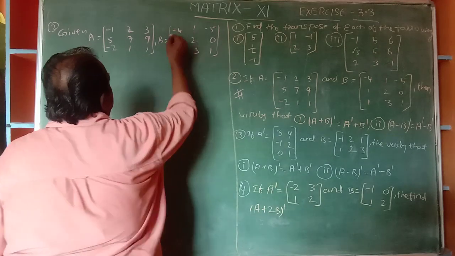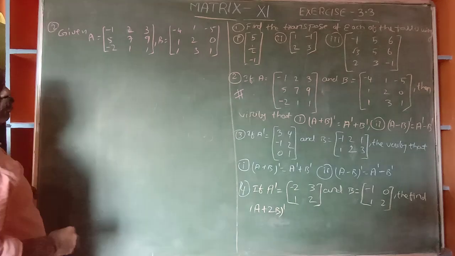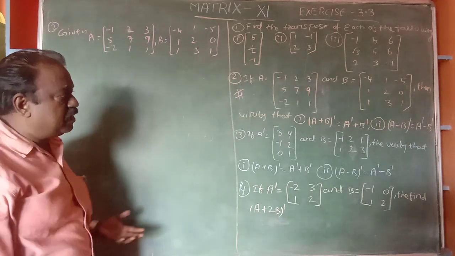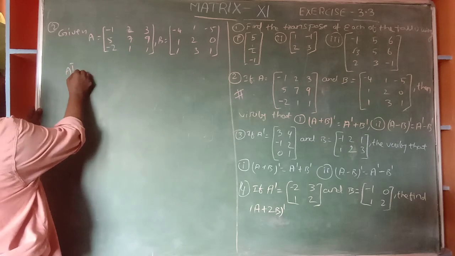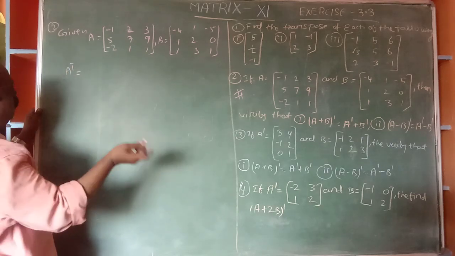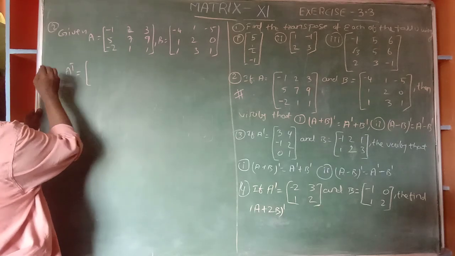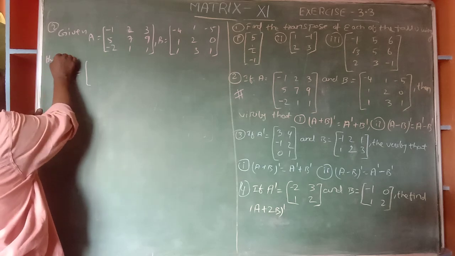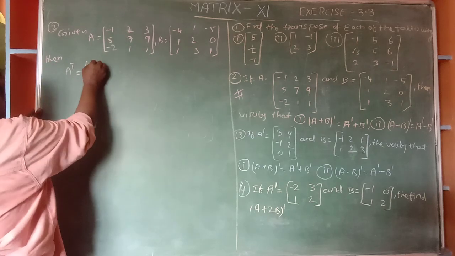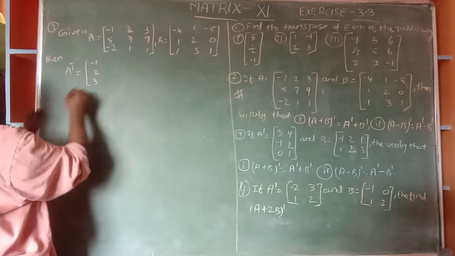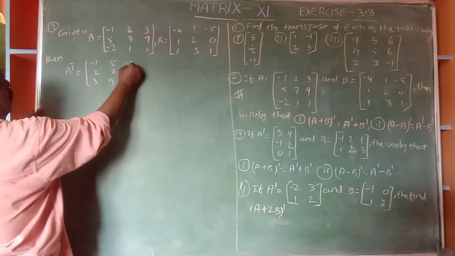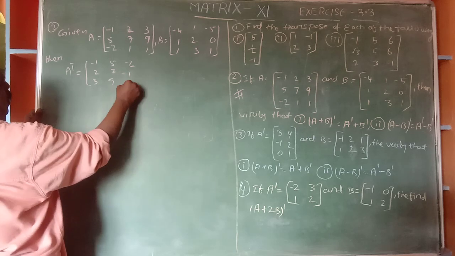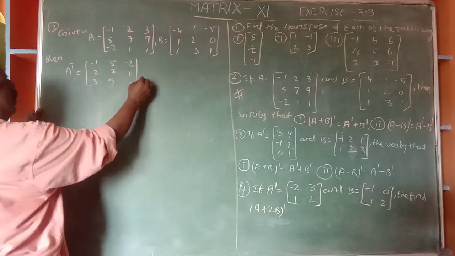First, what are the needed expressions? We have to first find A transpose. A dash or A transpose, both are the same. Directly I am writing: the row becomes the column, the second row becomes the second column.